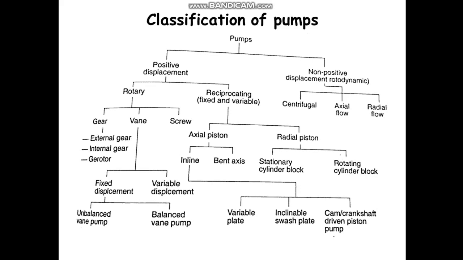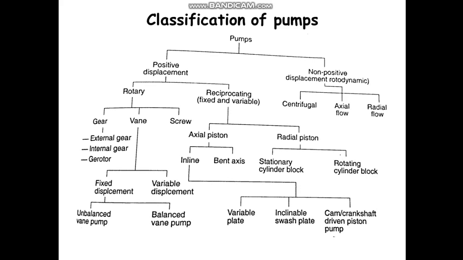On the other hand, non-positive displacement pumps are considered non-positive because they do deliver an amount of liquid per unit time, but it is not necessary that the displacement of the pump is the same per cycle.